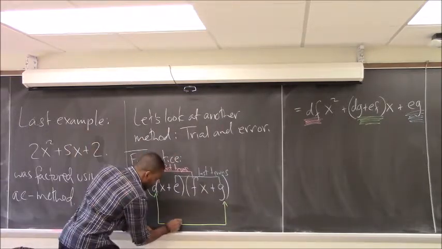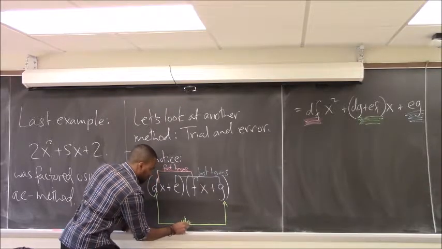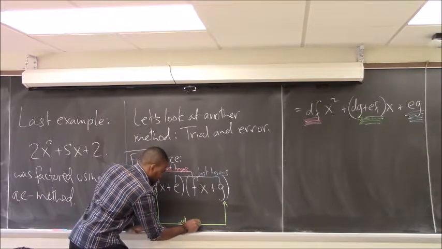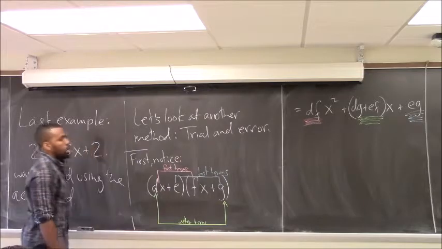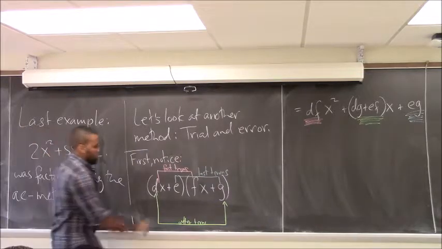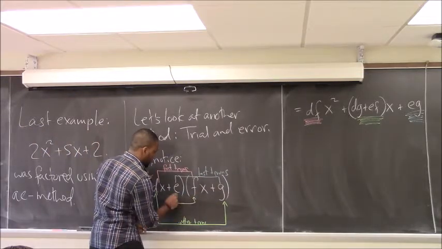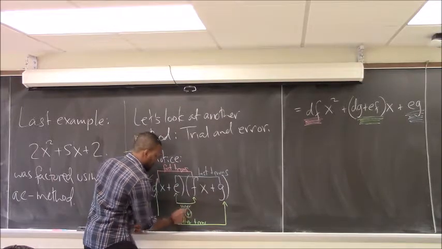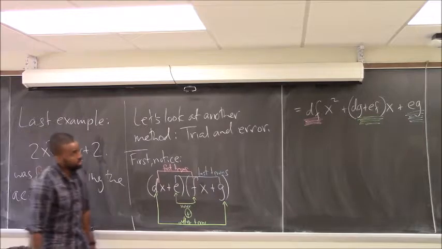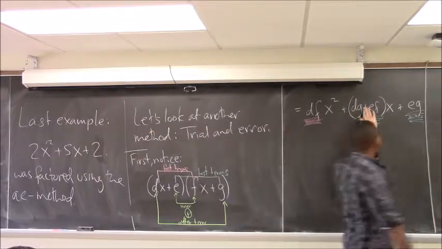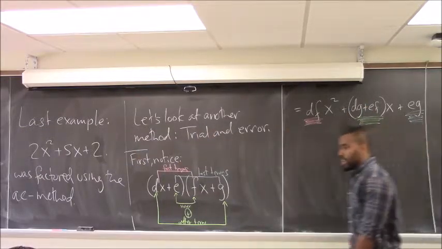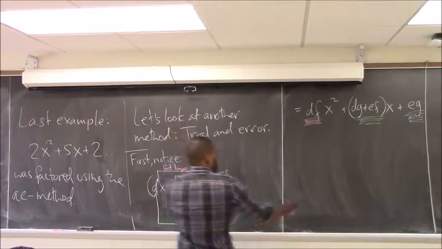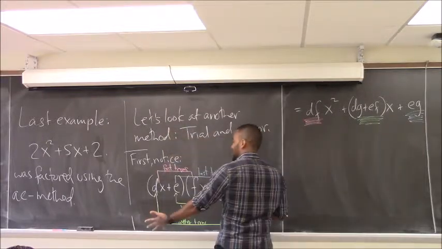So this is outer. And you add it to the two inner terms. So here's the inner. And you add these together. That is what gives you the middle term. So now you can take advantage of that pattern, knowing that something like this can factor to something like this.